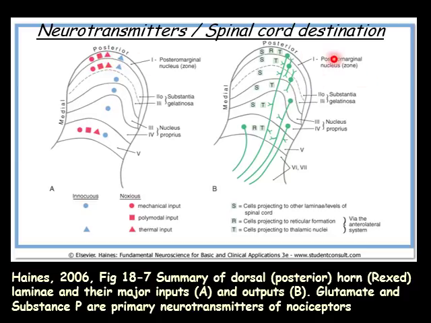Some will travel through interneurons down to those lower levels, and eventually synapse on these neurons that we see in the dorsal horn, and those neurons will cross to the other side, and they will become the lateral spinothalamic tract. But recognize that some will project up to the reticular formation, some will project up to the thalamic nuclei.